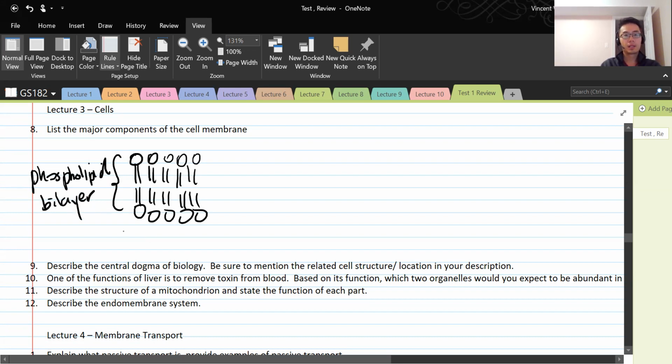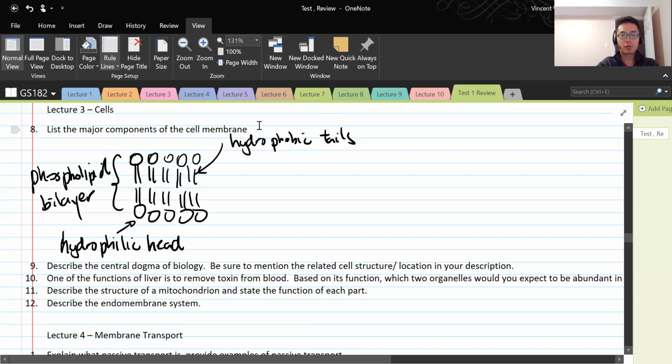So we have the hydrophilic heads facing the inside as well as the outside, and in between them is where you have the hydrophobic tails.